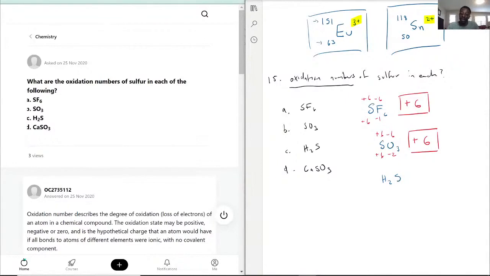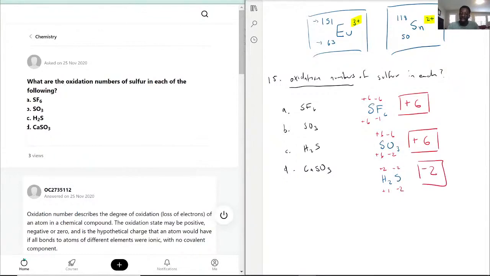Lithium hydride is what it's called. Hydrogen typically just likes to function as +1, except for those conditions when it's bonded with metals. And here it's bonded with another non-metal, which is sulfur. Because there's 2 of them, that's +2. So in this case, sulfur has an oxidation number of -2.